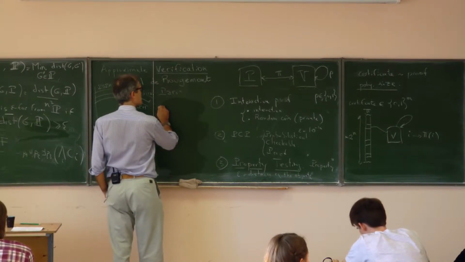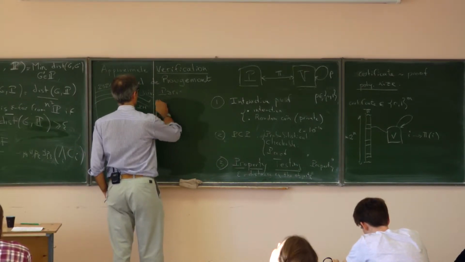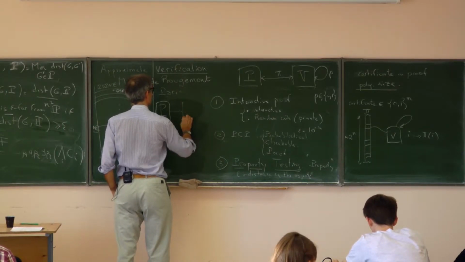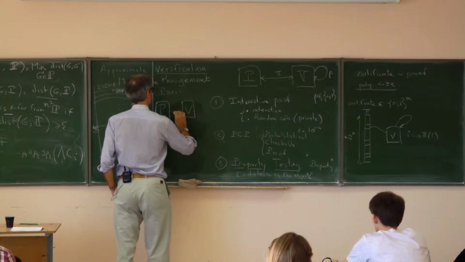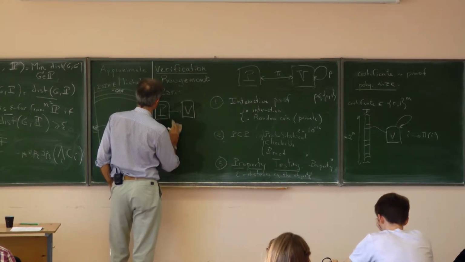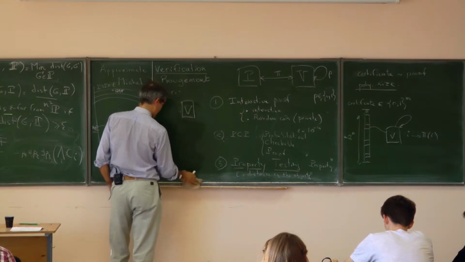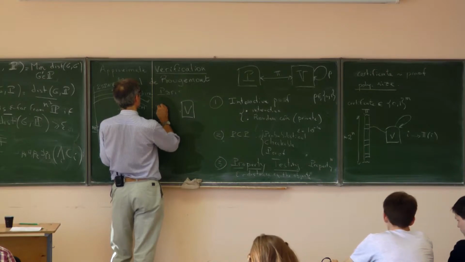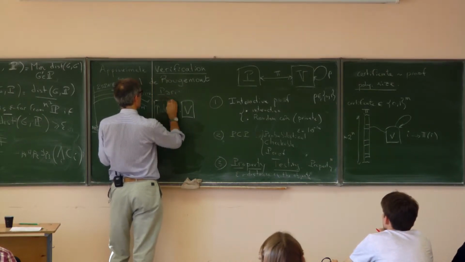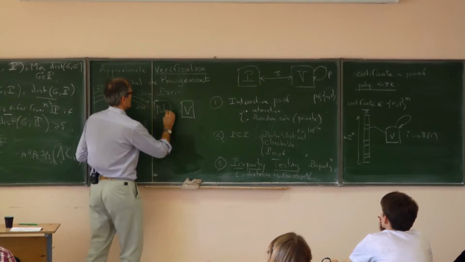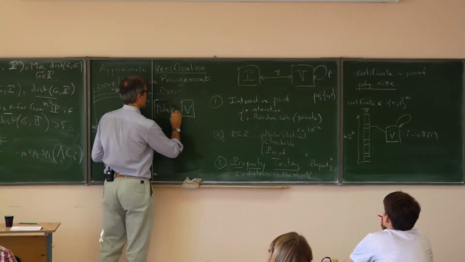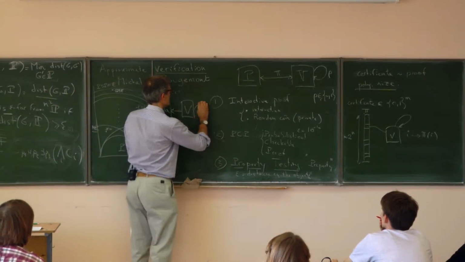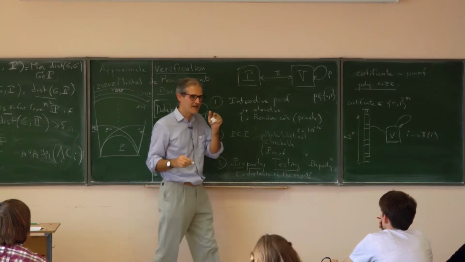Here, don't think of a prover, think of the data, the finite structure. So let's put the data. The prover does nothing, but the verifier accesses the data with random bits.